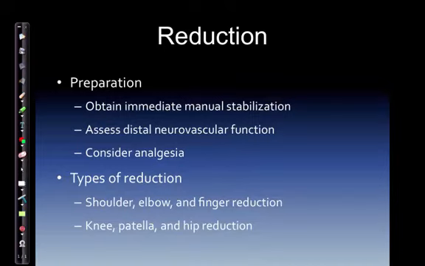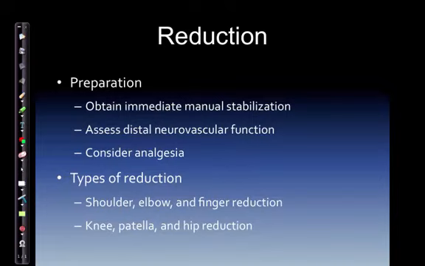Now, generally, paramedics in the field are not going to reduce a fracture, but there are reductions that can be performed: shoulder reduction by traction or leverage, elbow reduction by the Parvin method or forward force, finger reduction by traction and splinting, knee reduction by longitudinal traction, patella reduction, where the leg is generally raised to flex the quadriceps, done with the patient sitting on a stretcher's edge, and hip reduction by the Bigelow method or Simpson maneuver.